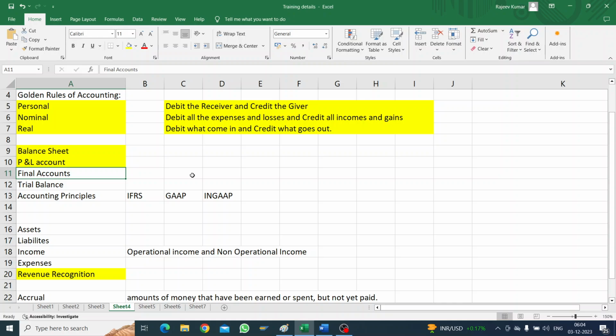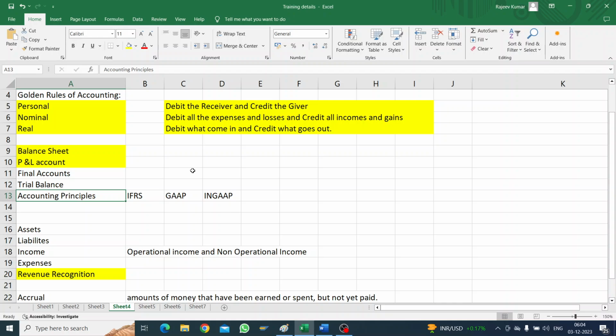Then we also have something called accounting principles. As you can see mentioned over here clearly, IFRS, GAAP, IN GAAP. So I will now talk about accounting principles. What are the accounting principles? These are the accounting principles given by the various statutory authorities, and a lot of things are applicable worldwide.